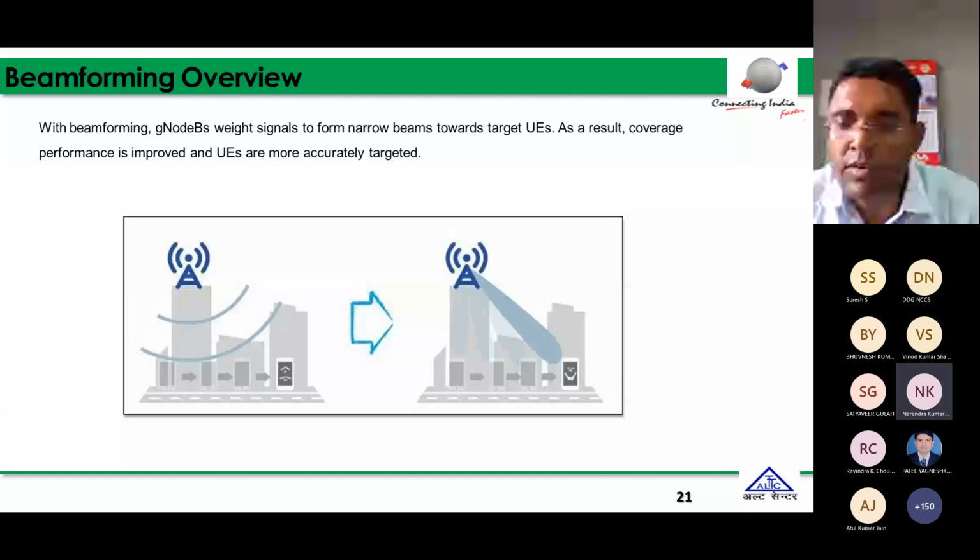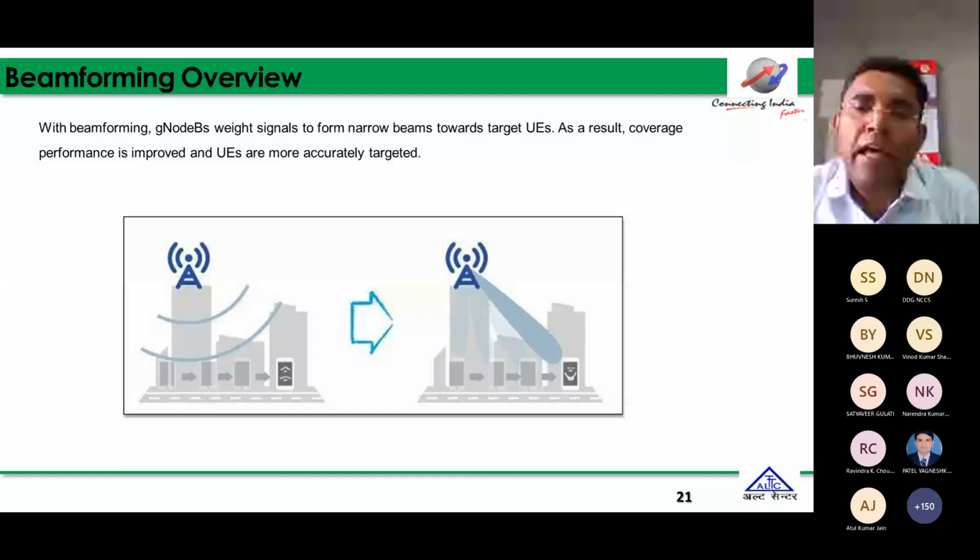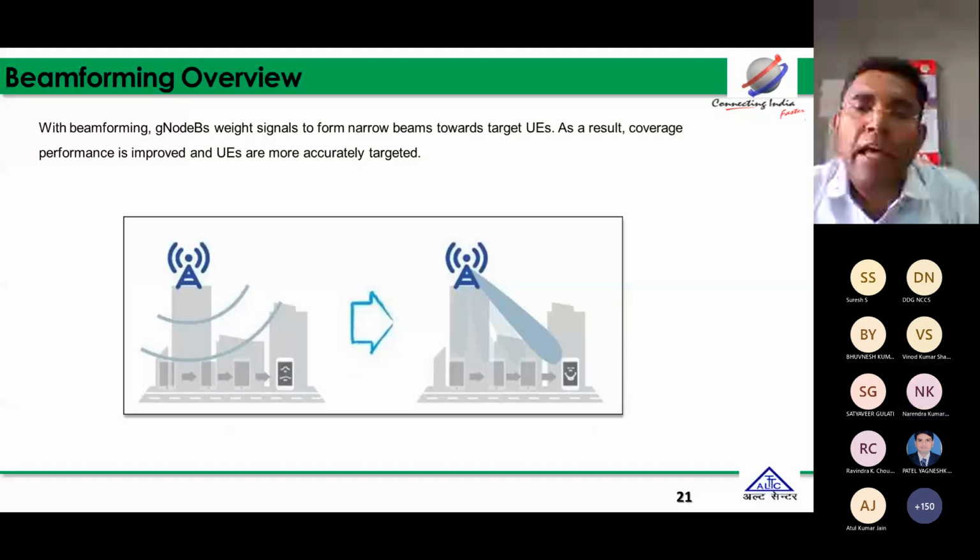With beamforming, basically, the gNodeB weights the signal in such a way as to form a narrow beam towards the target UE. As a result, coverage performance is improved and UEs are more accurately targeted. Interference and SNR are also improved, right? How we can achieve this weighting of the signals and antennas, we will discuss.